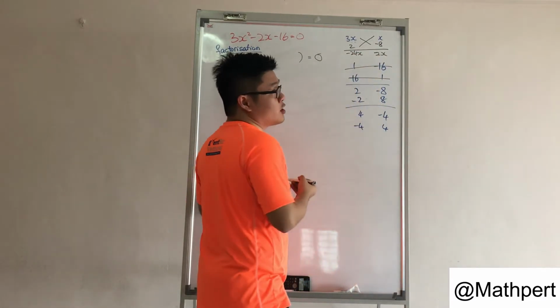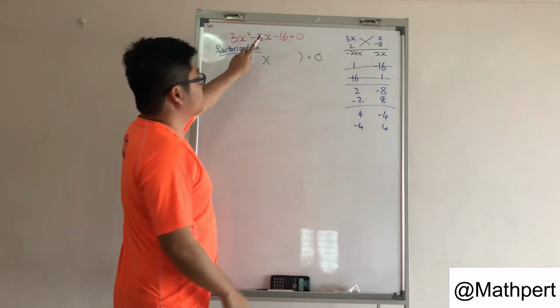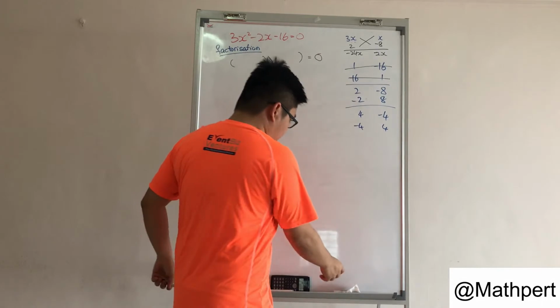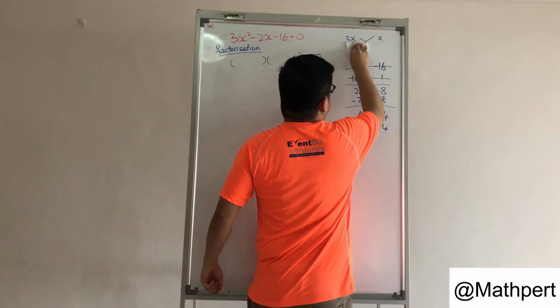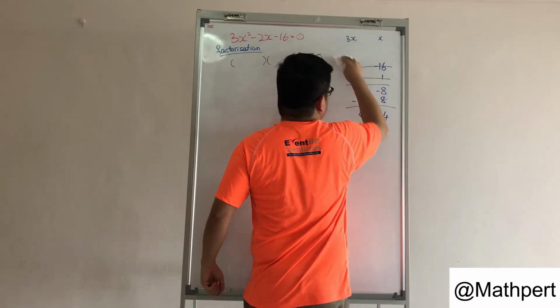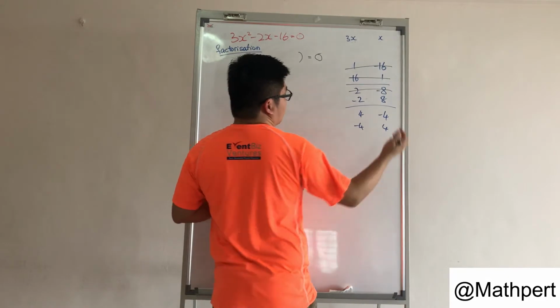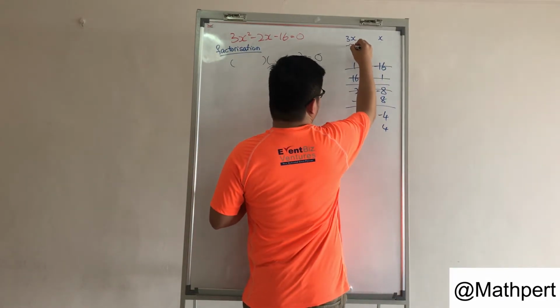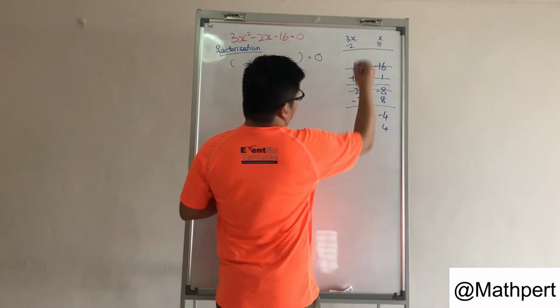So negative 24 plus 2 is negative 22. But still we can't get negative 2x. So 2 and negative 8 cannot. So this one, negative 2 and 8. Cross multiply.